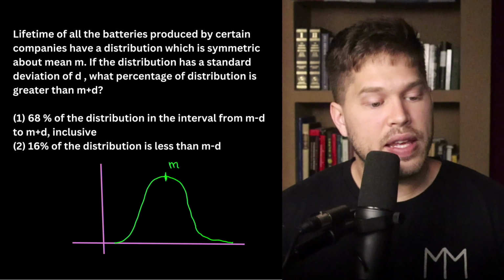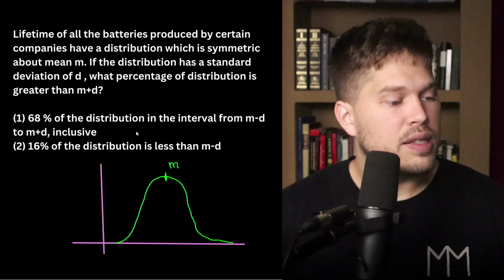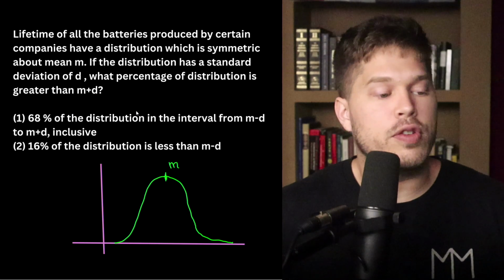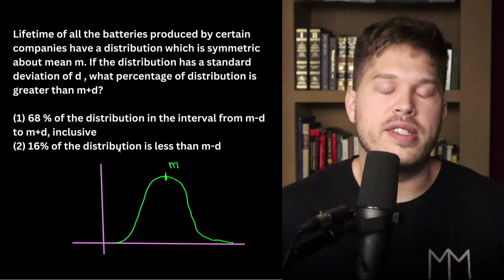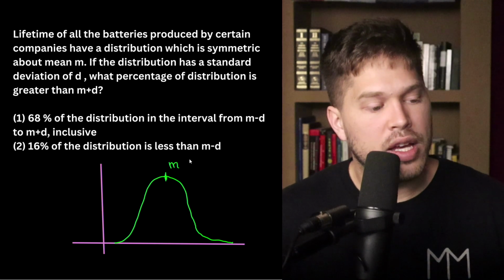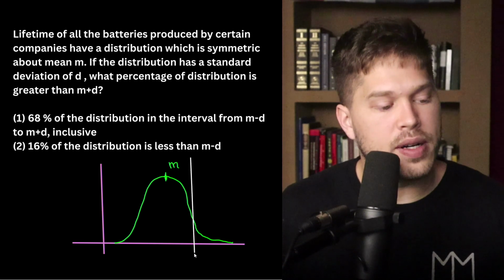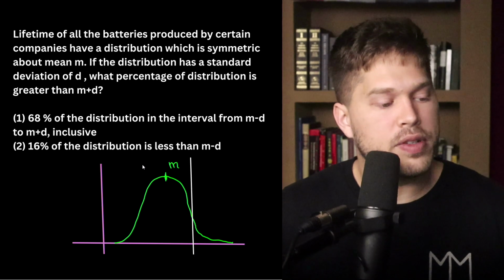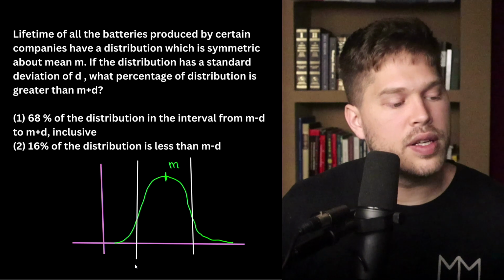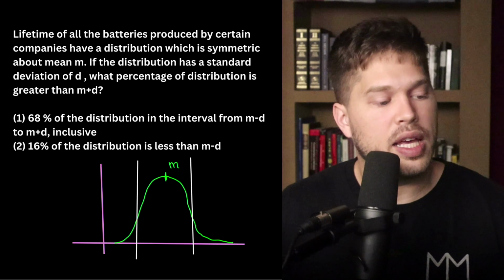Okay? And then what are we asked for? We're asked for what percentage of the distribution is greater than m plus d, where d is the deviation from our mean. And so if we draw in some line, this line would represent m plus d, and a line over here would represent m minus d.